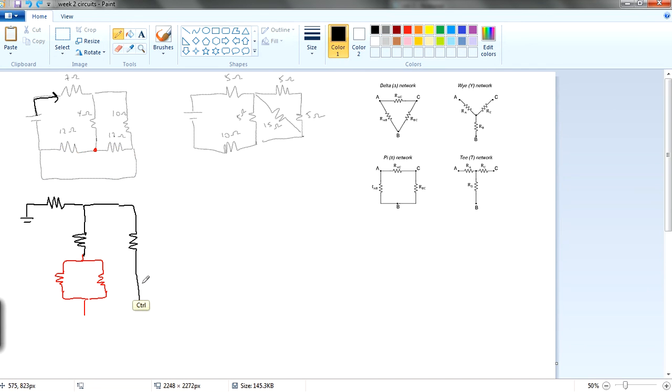Maybe I should erase the stuff. Anyway, they meet up with this one over here, right? This is the point where they meet. I should indicate it with a cross, right? Then they go in. So this is the thing that you can simplify.